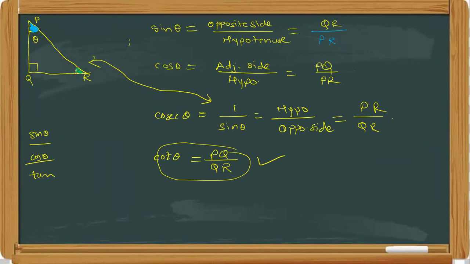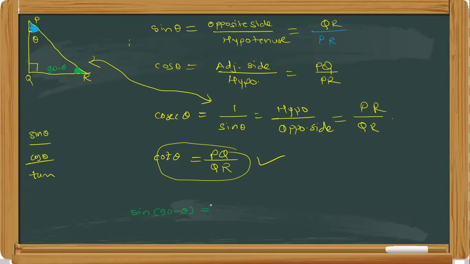So this angle R is say 90 minus theta. Now tell me sine of 90 minus theta. Tell me this ratio.